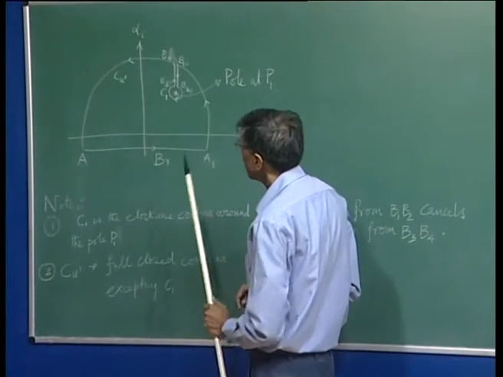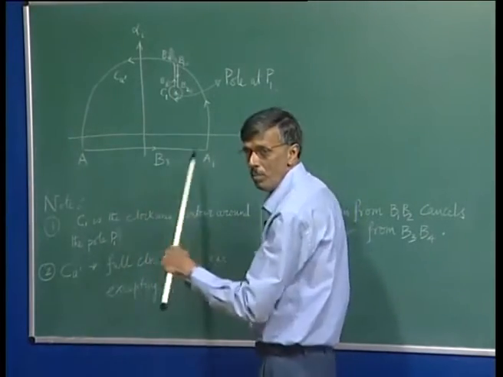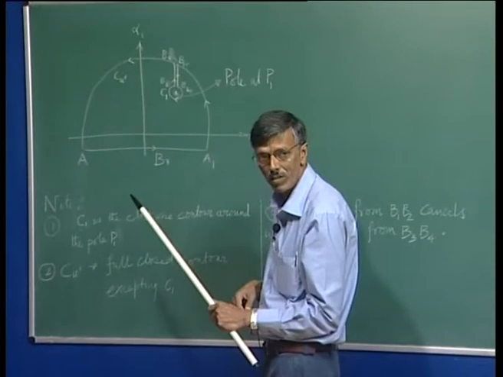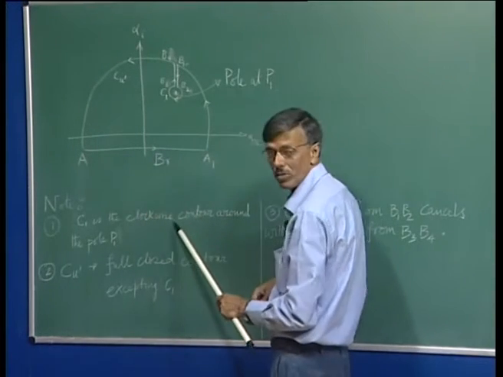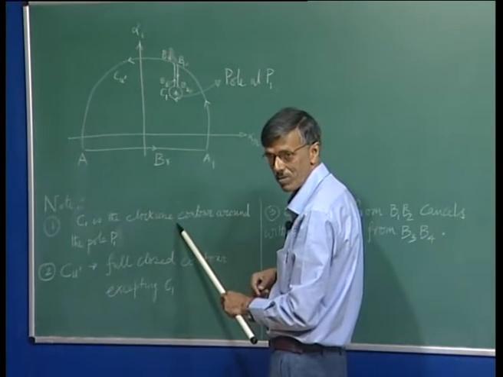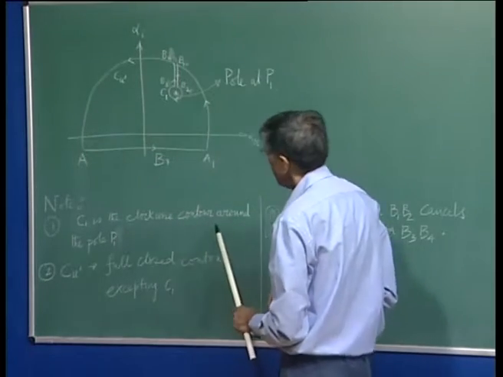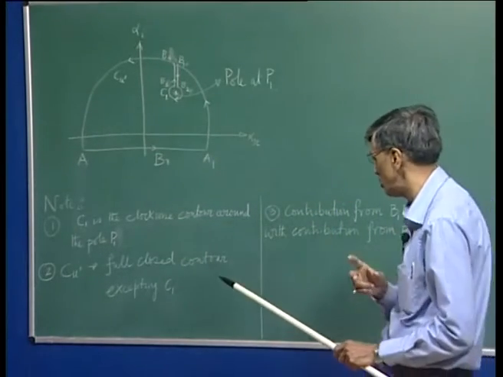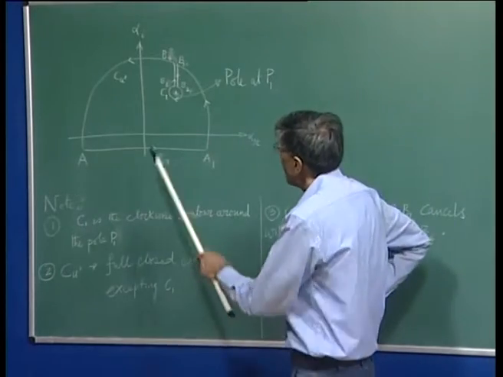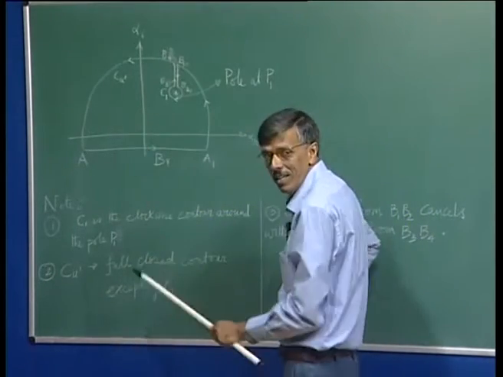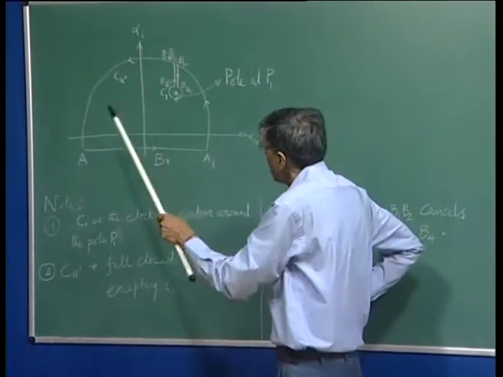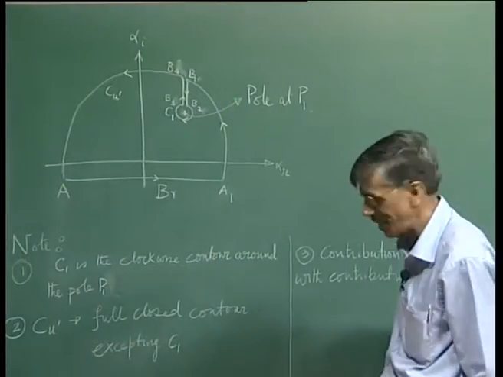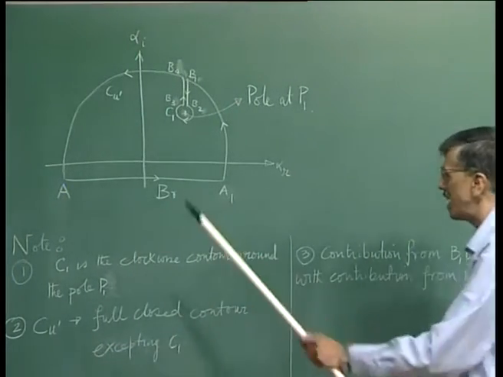So, there are certain things that you notice, the main contour is counterclockwise, but the C1 is clockwise, right. You must remember that. So, contour integral depends on the direction in which you go. So, Cu prime, what we are calling here, is nothing but the whole contour minus C1. That is one thing that we understand here.